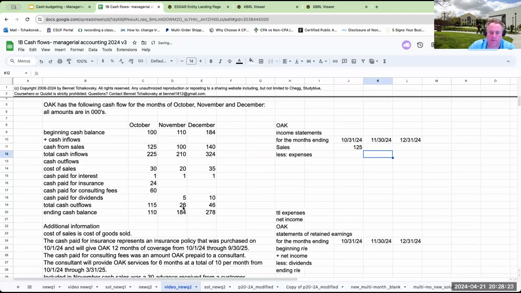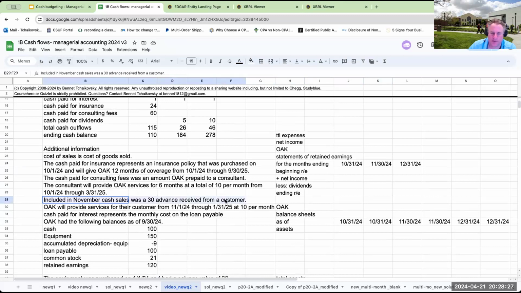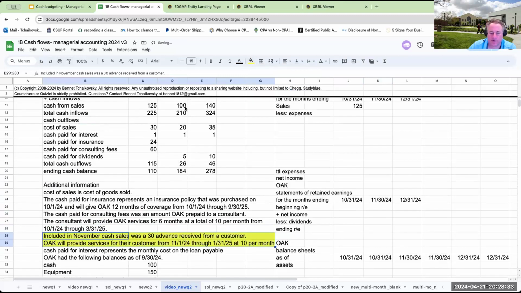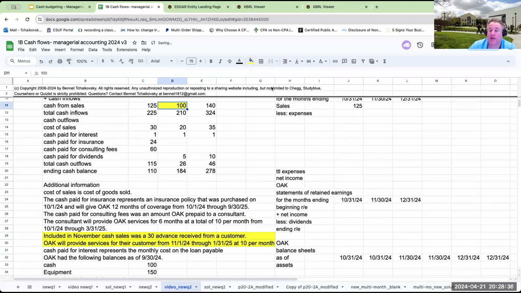Why did I mess up? Well, over here, it tells us included in November cash sales was a 30 advance received from a customer. We will provide services for the customer from 11/1/24 through 1/31/25 at 10 per month.